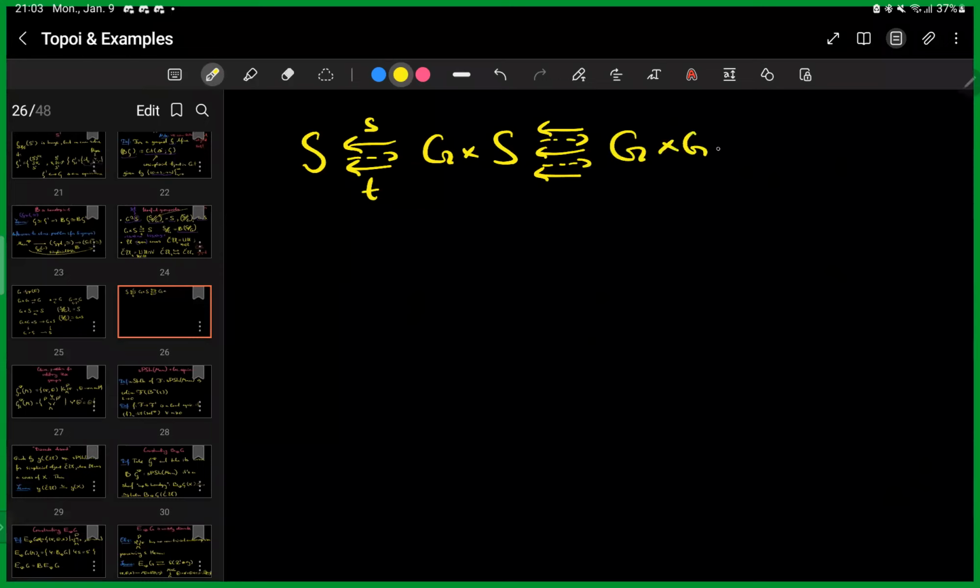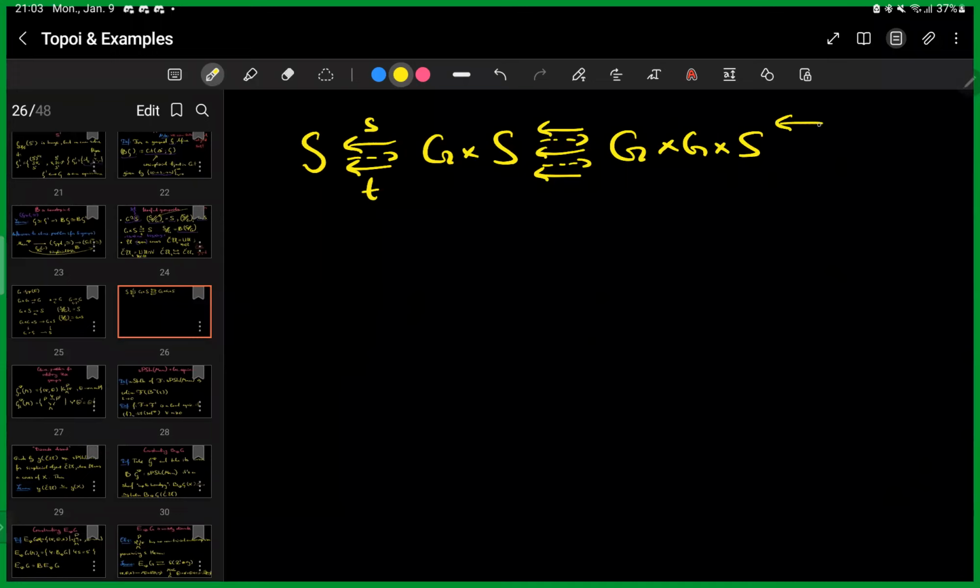The first map composes elements of the group. The second map, I think, just throws away one of the multipliers. And the third one applies the action on this part.